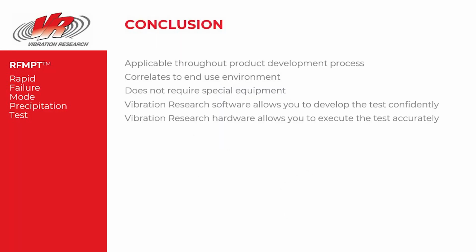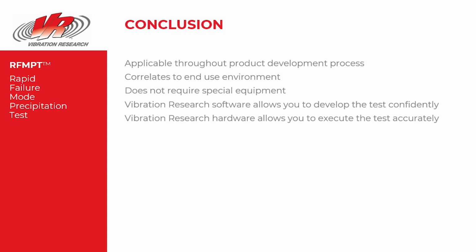So in conclusion, RFMPT, rapid failure mode precipitation testing, is applicable throughout the product development process. The testing is correlated to the end-use environment. That is key. The testing does not require special equipment.